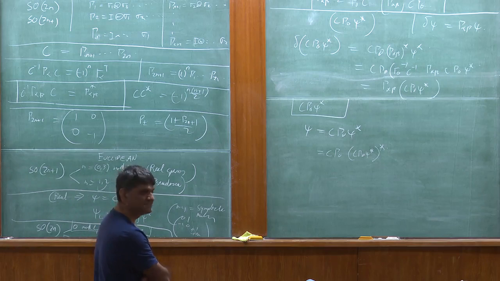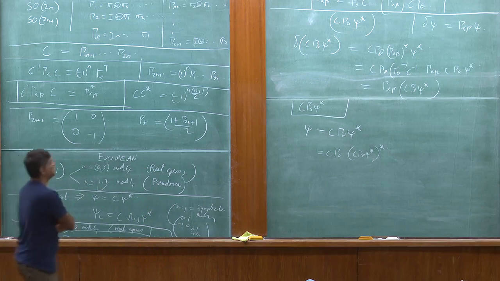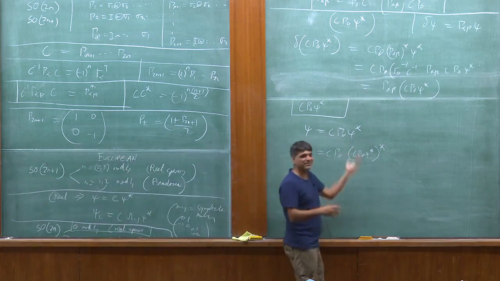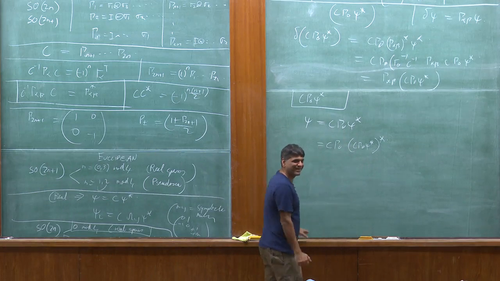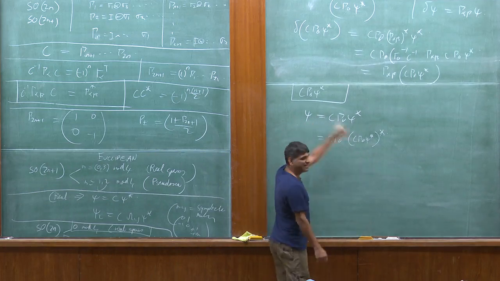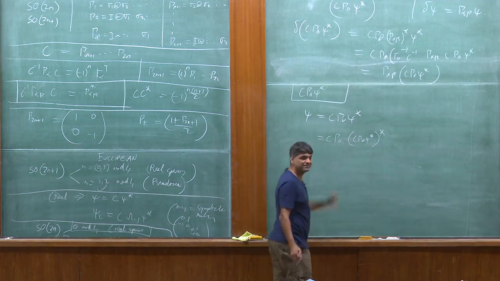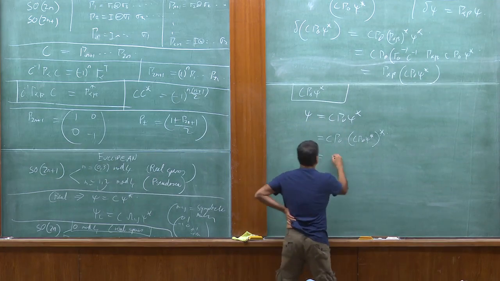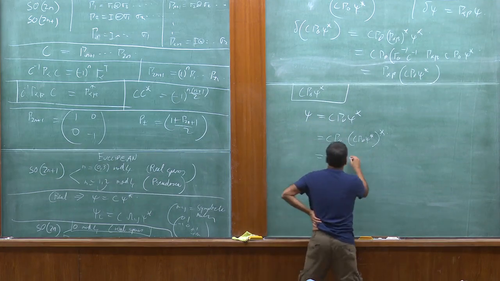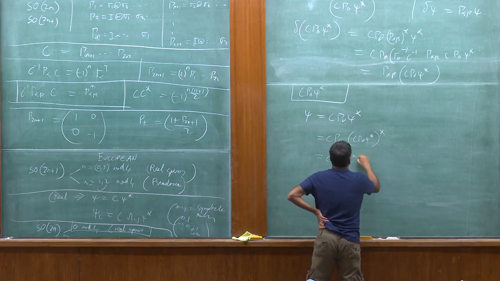Or you could equivalently say star this equation. There are many ways of doing it. We could have started with this equation and then used it. But okay, fine, I'm just doing it this way. Okay, so this is equal to C gamma 0 times C star gamma 0 star times psi.